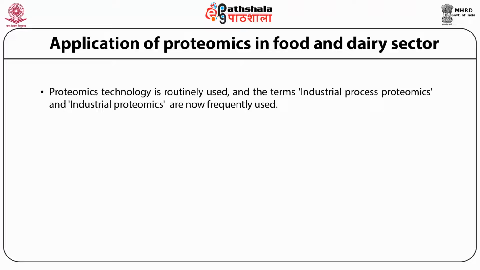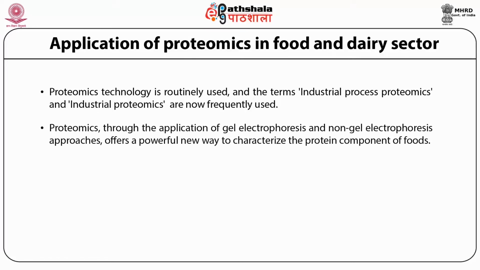So what are the proteomics techniques? A set of steps and procedures are involved to identify particular proteins. Proteomics includes the use of gel electrophoresis, and then there are non-gel electrophoresis approaches, which do not require agar gel electrophoresis, and without it we can identify the particular proteins.